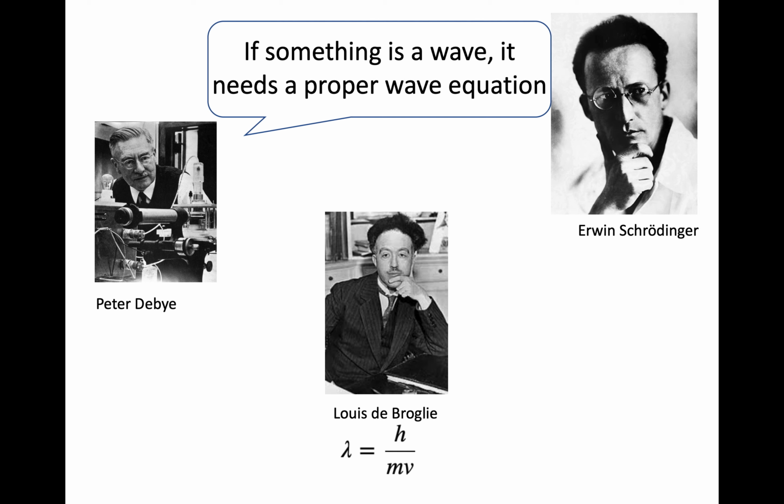There's a famous quote that I find amusing. The physicist Louis de Broglie was sharing his theory that matter has a wavelength to it. And sitting in the front row, there were other physicists, Peter Debye and Erwin Schrödinger. And Debye commented, if something is a wave, it needs a proper wave equation.